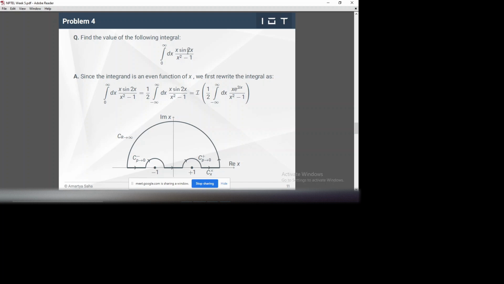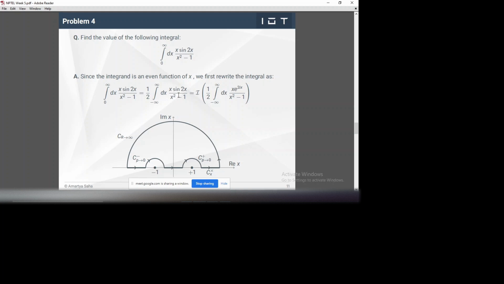So the integrand is an even function, so that is why we write it like this, minus infinity to plus infinity, at the expense of a factor of half.